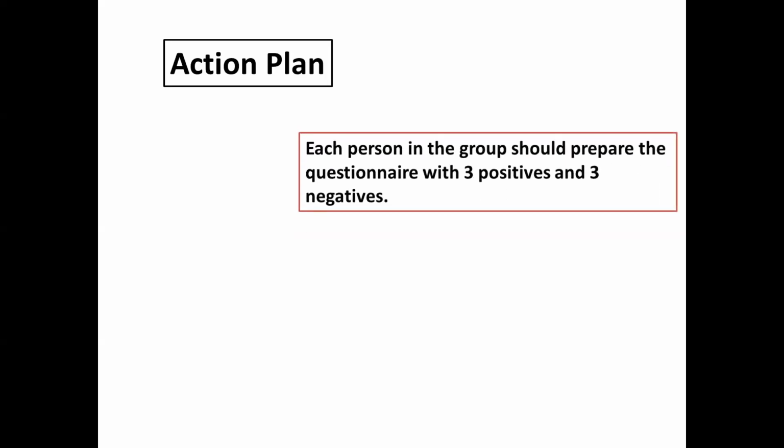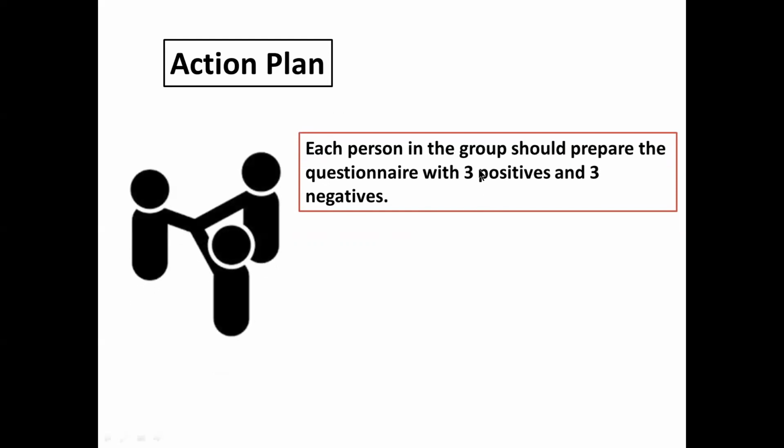So what's your action plan for this week? Last week, you prepared your literature review. Yes, you went to online resources, collected information for your research report. Yes, okay. Now, this week's action plan is to prepare a questionnaire.